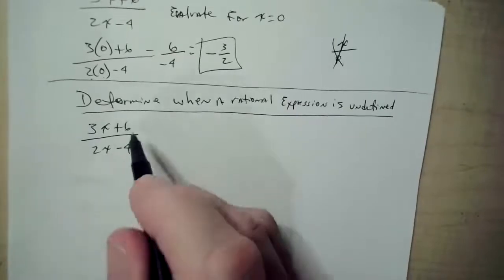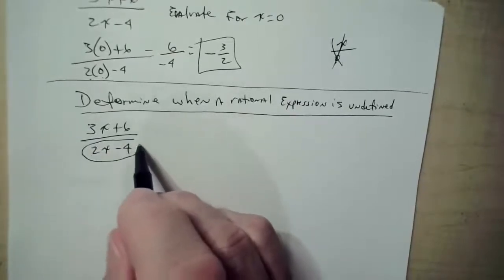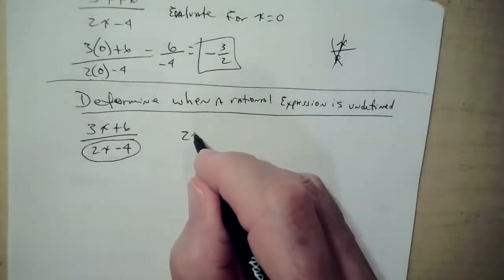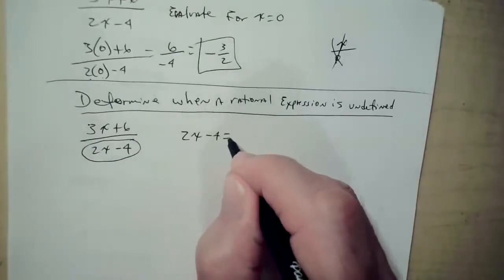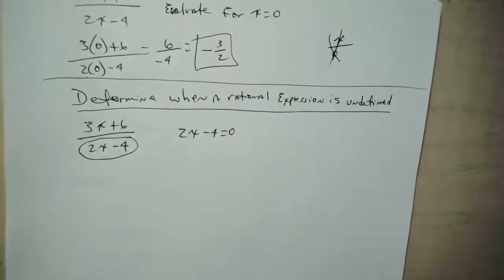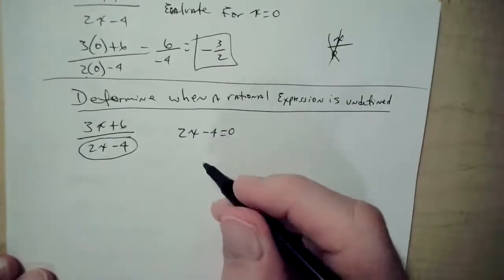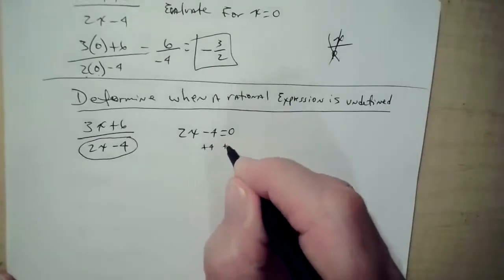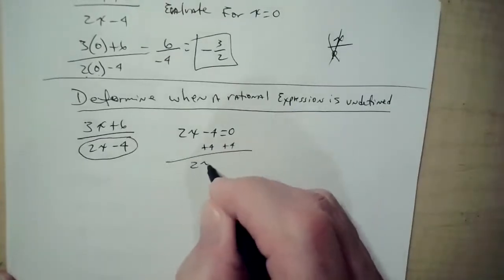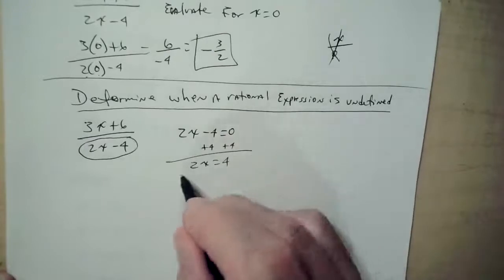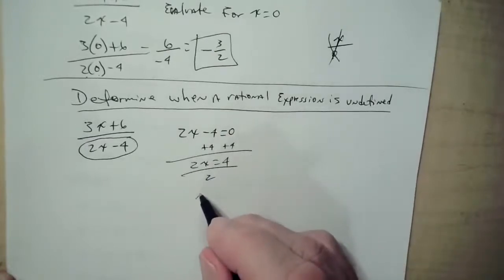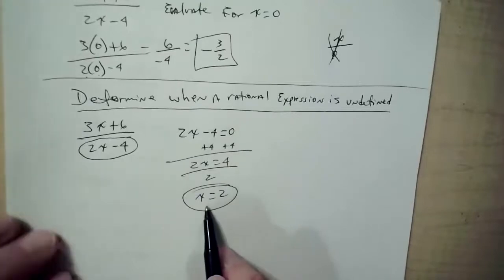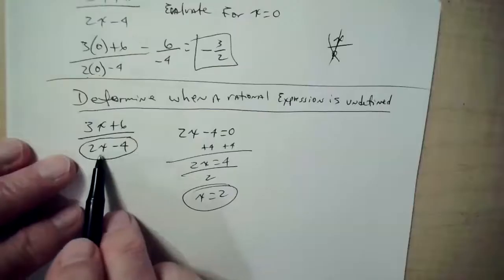Now, we cannot have 0 in the denominator. So what are we going to do? We're going to take the denominator and set it equal to 0. Okay. So we're going to add 4 to each side. 2x equals 4. Divide by 2. x is 2.